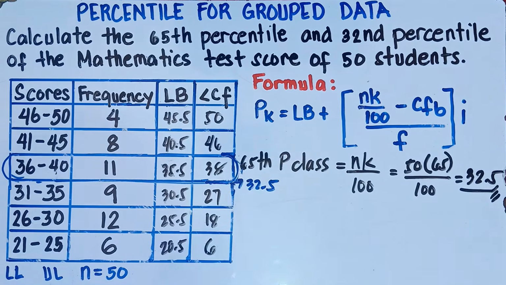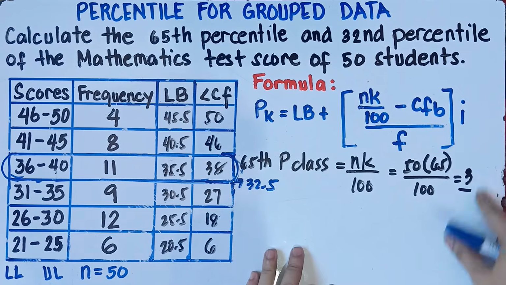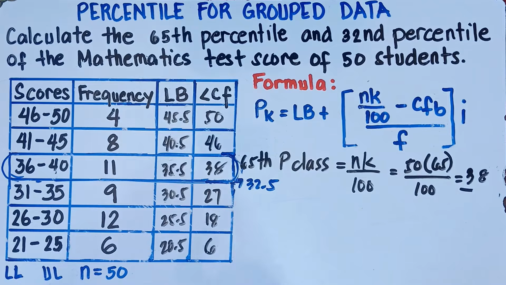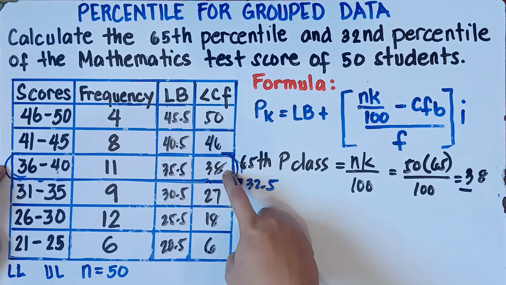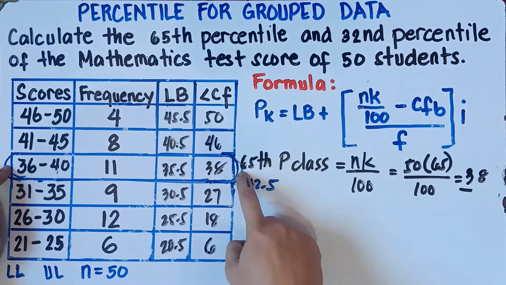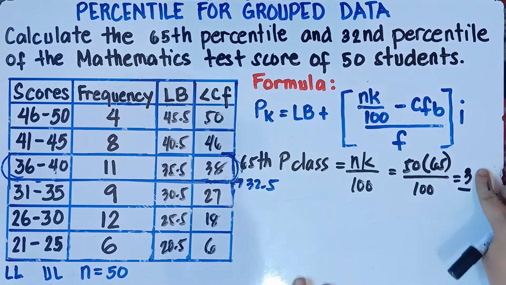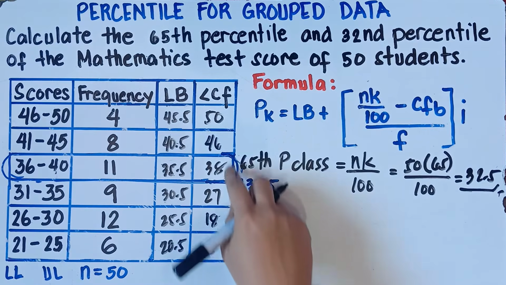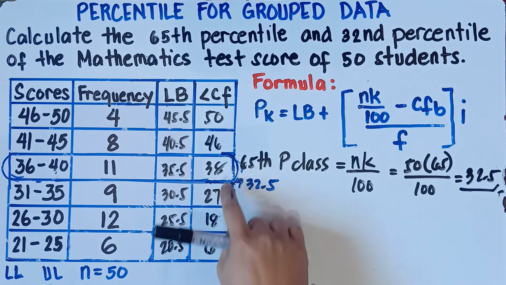Now, there's a question. Sir, what if this is 38? Just as an example, if this is 38, what would be your percentile class? That's automatic, class. This will be your percentile class because this is 38. Now, since this is 32.5, we need to select the one greater than 32.5 because we don't have 32.5, and 32.5 is in between 38 and 27.